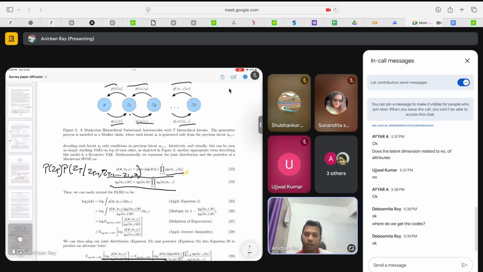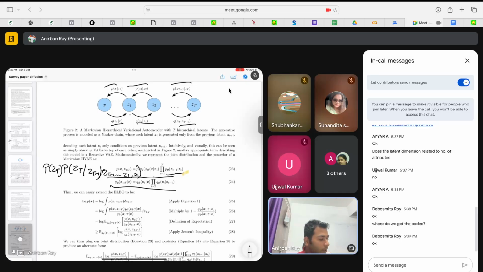Now z t is only dependent on z t minus 1, right? So you can write it like this. It goes on like this and you get the answer.